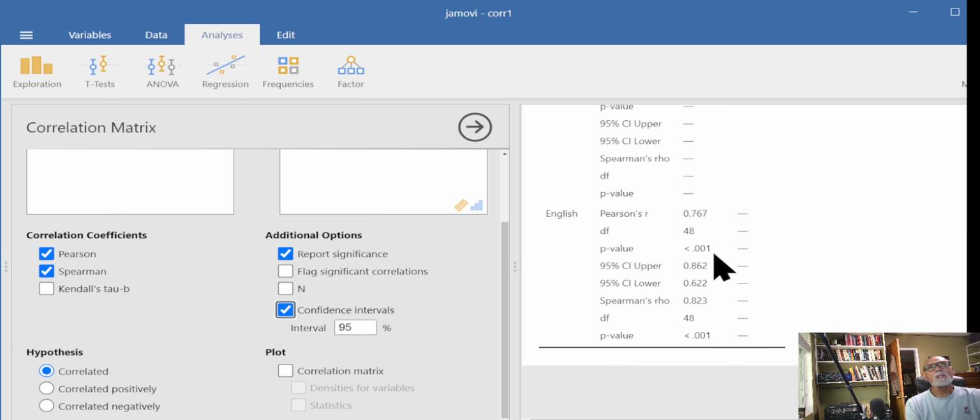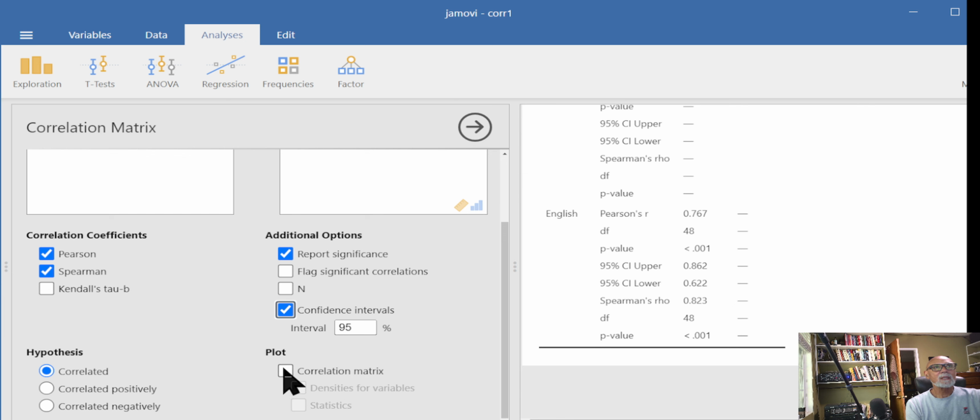You'll notice that the degrees of freedom are 48, and that is n, the number of cases, minus 2. That's the way the degrees of freedom are calculated in Pearson's R.